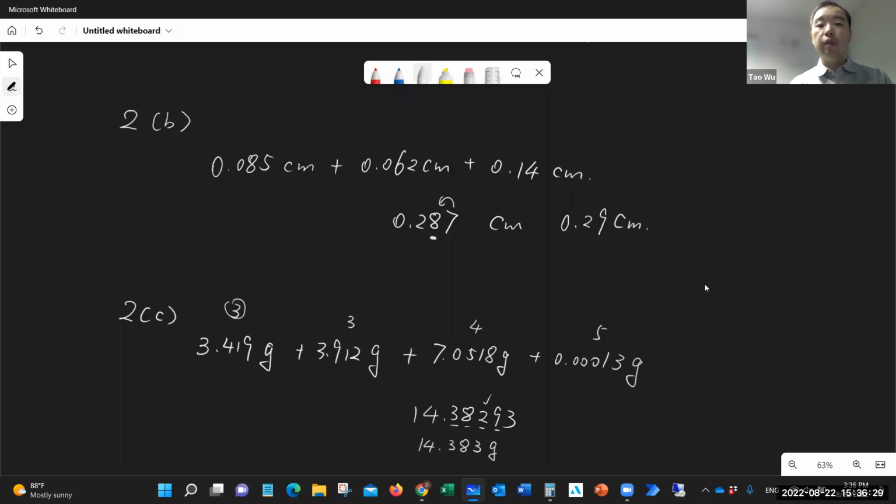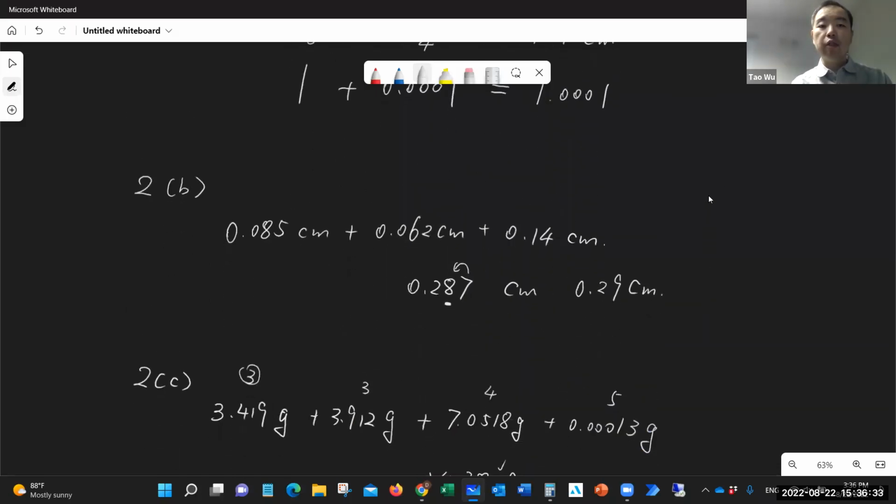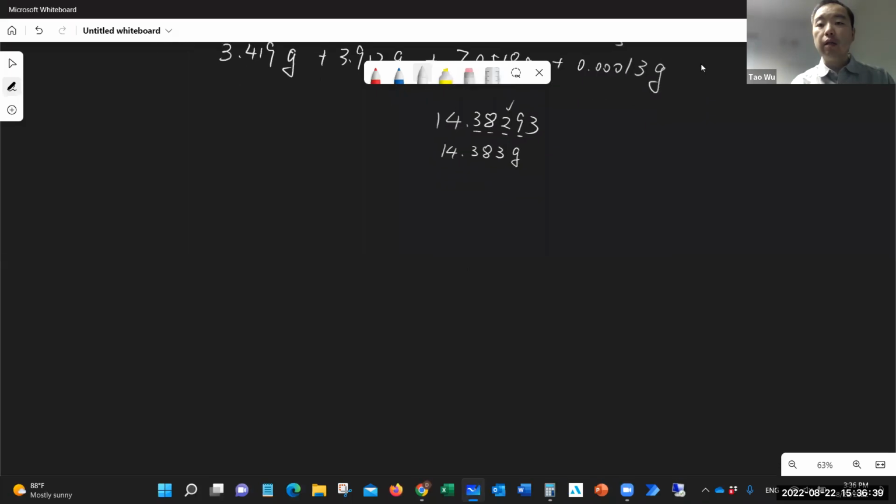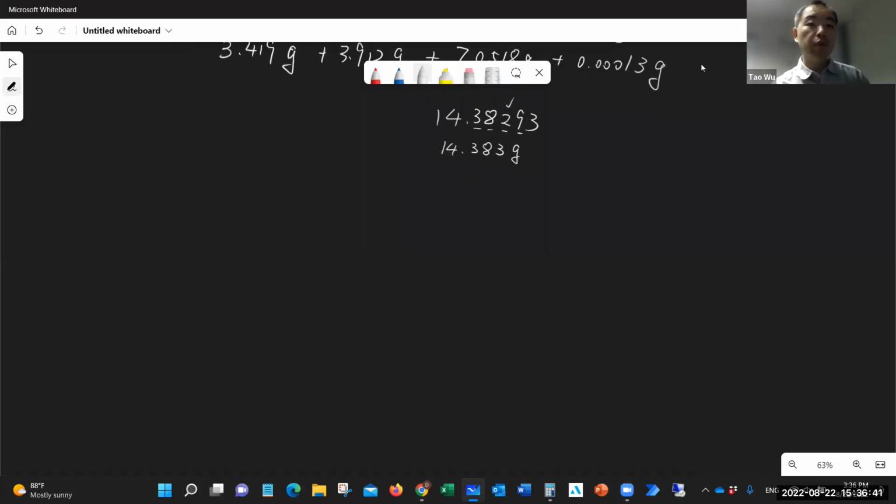Okay, so this is what we talked about: multiplication, division, subtraction, and addition. The last part we're going to talk about is, what if we have a combination of addition, subtraction, multiplication, and division? They combine them together. Then what do we do with it?